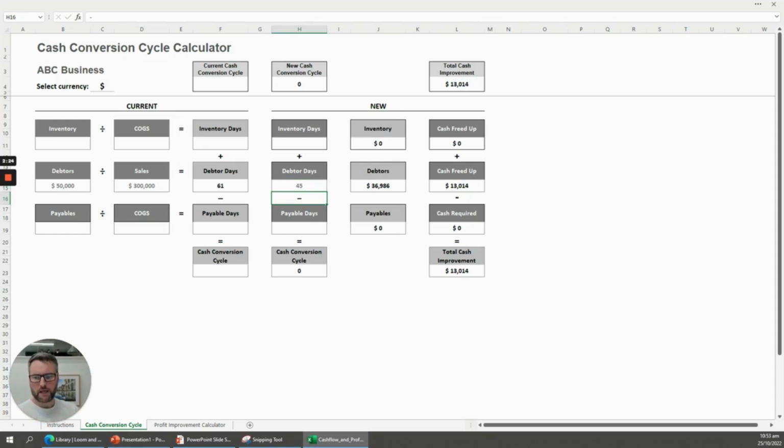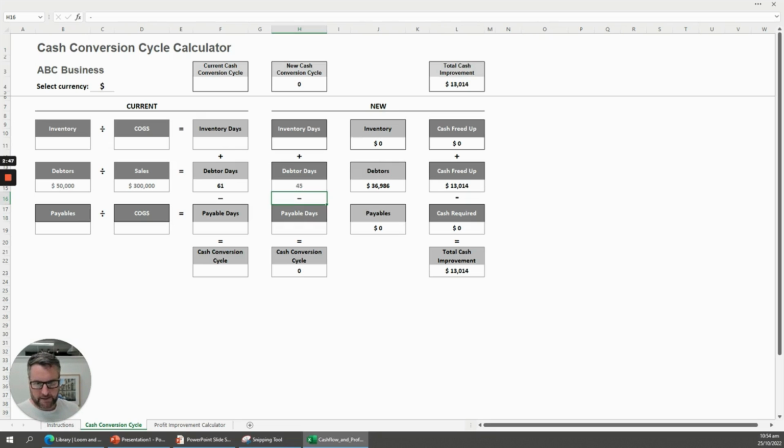So still over 30, and that's because some of the contracts that we've got are never going to pay in 30 days, unfortunately, no matter what we do. But we've got some where there's no reason why they shouldn't be paying on day 0, basically. We should be getting cash when they come in. So fundamentally, this should be working out at about 45.